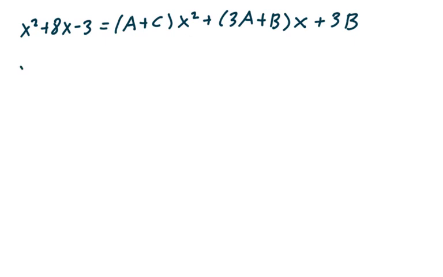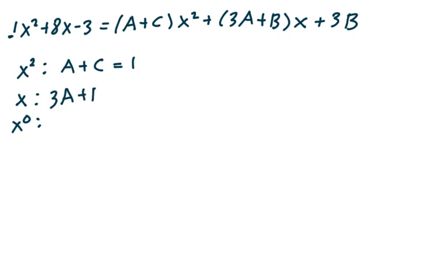And then this makes it really straightforward to set up our system. Okay, so we have an x squared equation, an x equation, and a constant. So A plus C has no choice but to equal 1. 3A plus B has no choice but to equal 8. And then 3B must equal negative 3. But if 3B equals negative 3, that tells me B is negative 1.